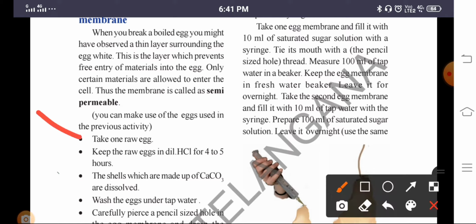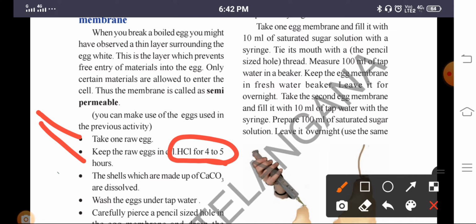This is the first point. After taking the raw egg, you have to keep it in diluted HCl for 4 to 5 hours. Then the outer shell of the raw egg will be dissolved by the HCl.